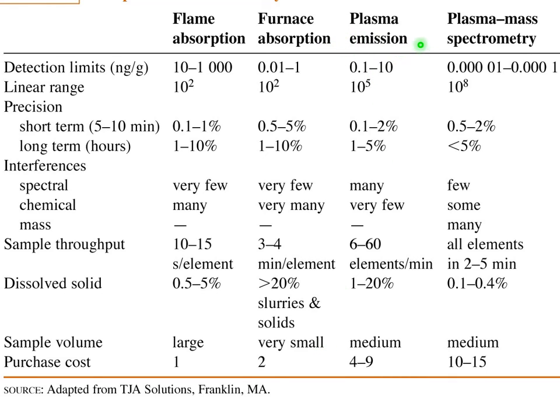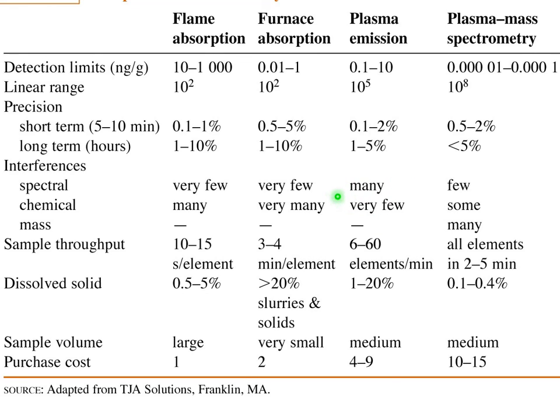With inductively coupled plasma, you have relatively low detection limits, much better than with flame absorption, but not as good as with furnace. You have a very large range in which you have linear calibration. It goes all the way to 100,000 fold. You have very good precision, better than with furnace absorption, but you have very many difficulties with very complex spectra.